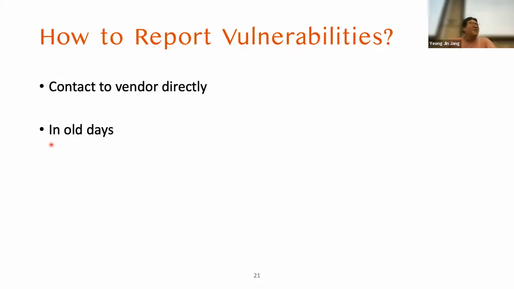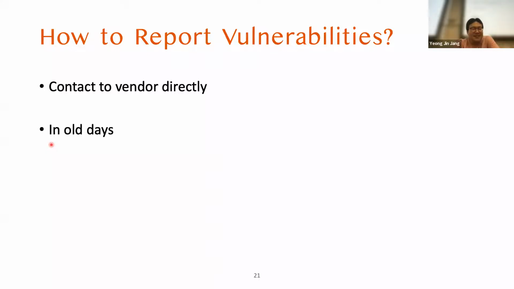Then, how can we report vulnerabilities to vendors? One of the ways is that you could contact the vendor directly. I have done that several times, and nowadays it is not much of a problem, but there was a problem.